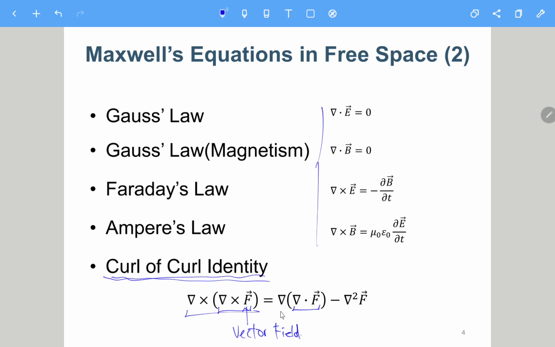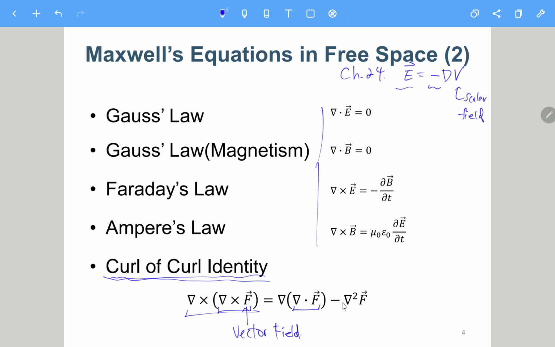Then you can take the gradient of a scalar field, just like in chapter 22 and chapter 24, where we have E equals negative gradient of V. V is a scalar field. You take the scalar field and see how it changes in different directions, then you get the E field. Of course, you need to take the negative sign. So this is a scalar field, you can take the gradient.